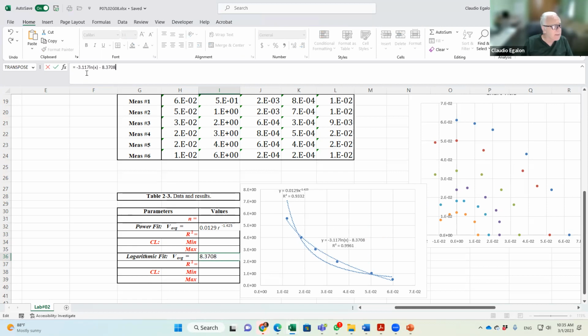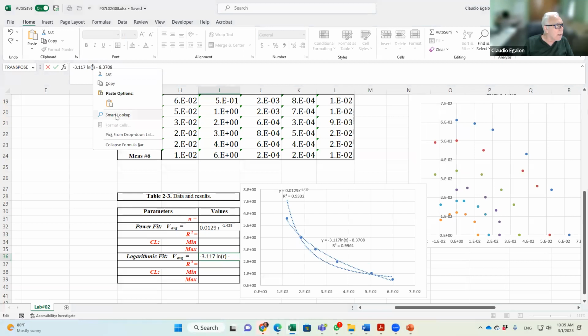That's why we didn't do that in the classroom. Right, it's not log of x, it's log of r. And I'm going to italicize this number.